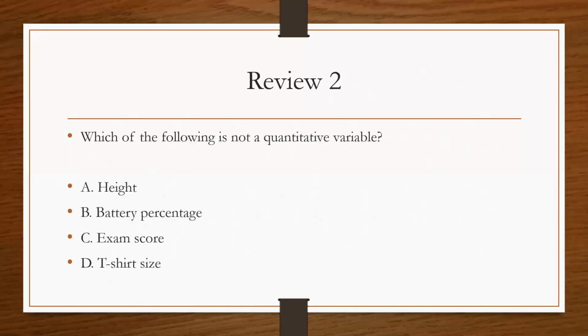But congratulations to everyone who said T-shirt size. Yep, you guys know what you're talking about. Unless you're specifically told, they're giving you a certain number size, it's just going to be small, medium, large, stuff like that. So in that case, it is a categorical variable.